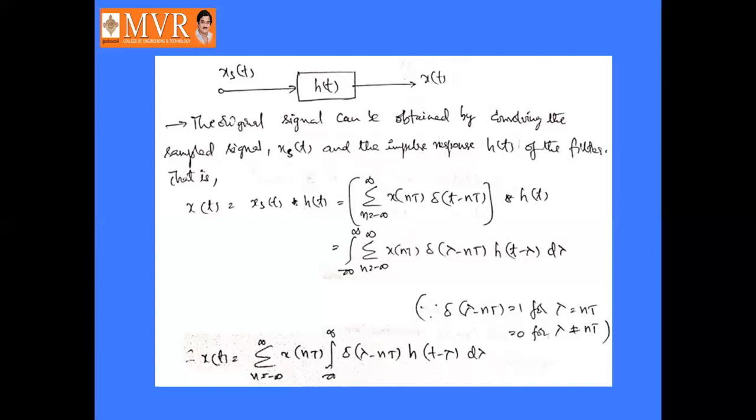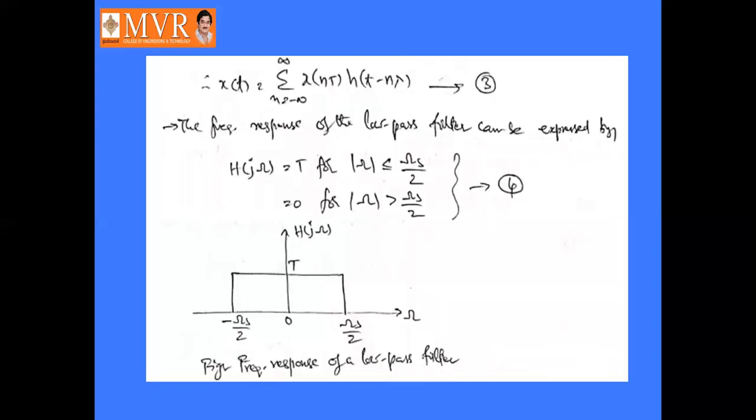Here we are changing the order of integration and summation. Therefore x(t) equals the sum over n from minus infinity to infinity of x(nT) h(t − nT). That is equation 3.